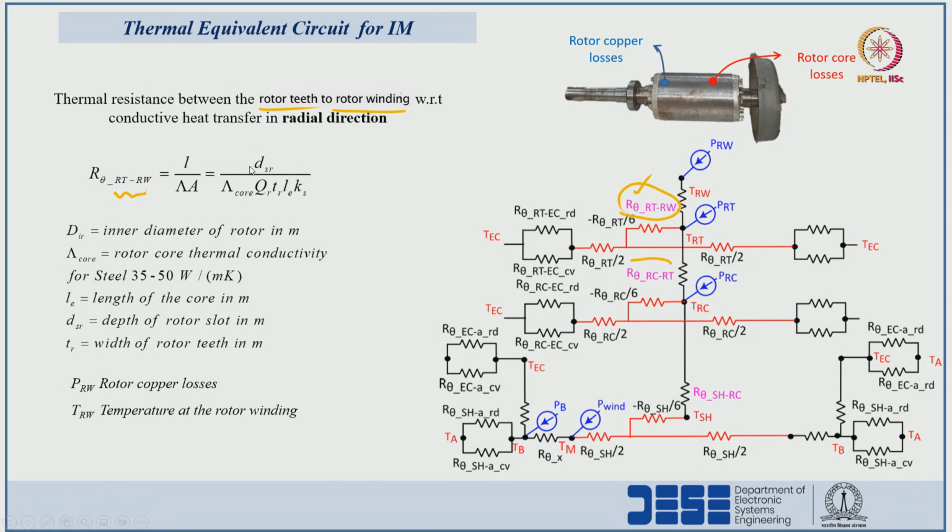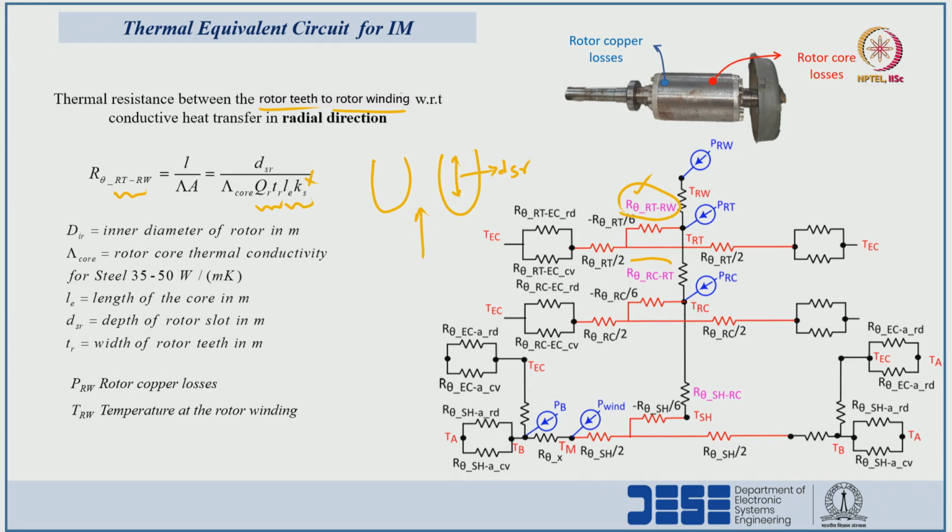Here again, in the radial direction, these are the two slots, and the thickness of the teeth in the direction of heat flow is DSR, and the area will be Q into TR into length of the core into stacking factor. If we neglect the stacking factor, we can directly consider the LE value. If the exact iron length is required, excluding the radial ducts, then we have to consider the Ks value also.